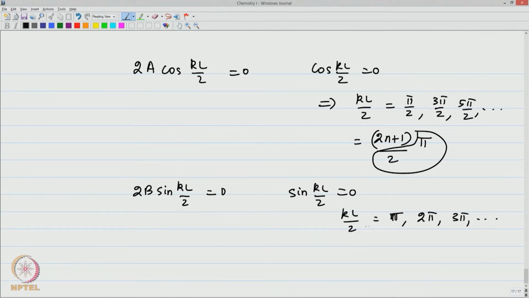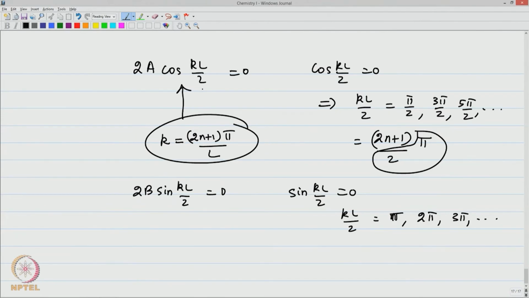Therefore, k L is 2 pi, 4 pi, 6 pi, etc. So, you can see that the wave functions are slightly different, because if k L by 2 is (2n plus 1) pi by 2, then k is (2n plus 1) pi by L, that is for this solution. And here k is equal to 2n pi by L, that is for this solution.